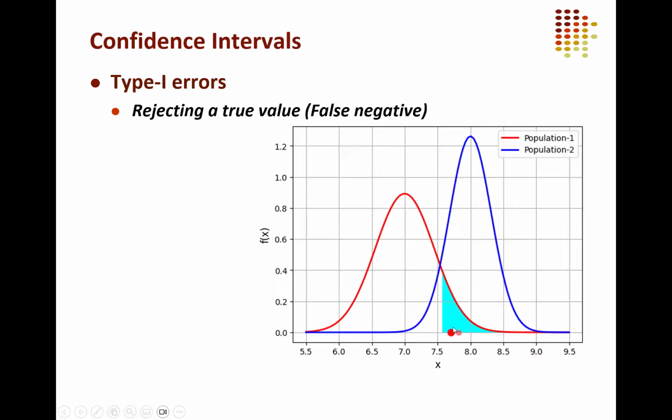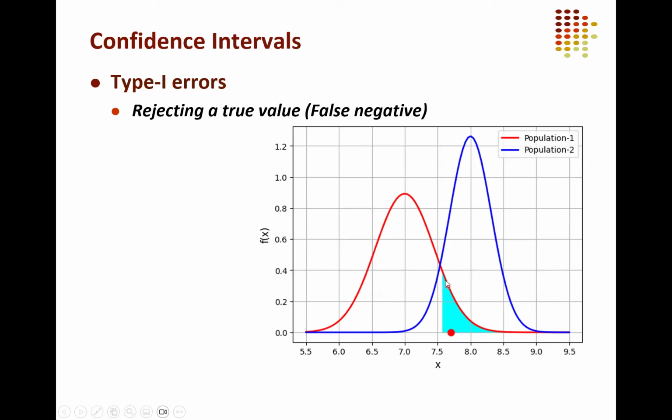So it means such an observation is possible with a mean value around 7 in this example, and also such an observation is possible with a distribution in which the mean value is 8. So now we can put this red observation either to the red distribution or to the blue distribution.